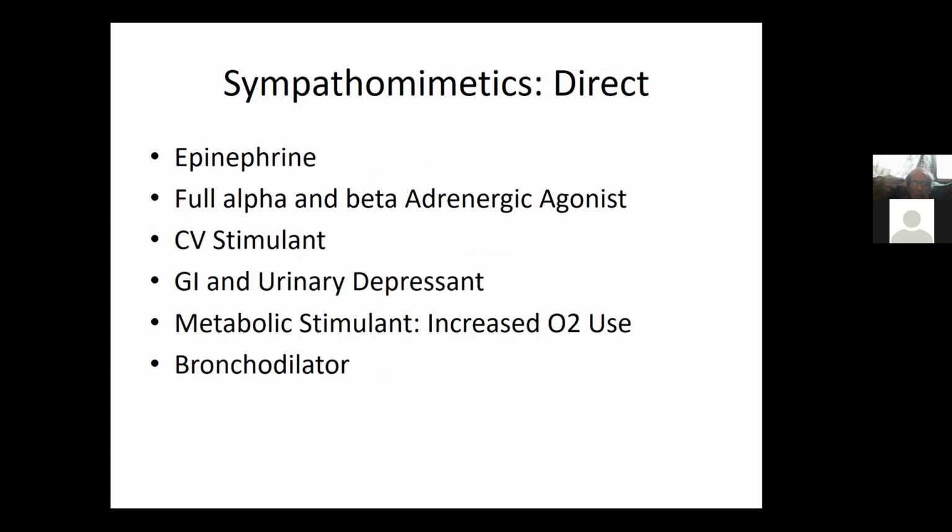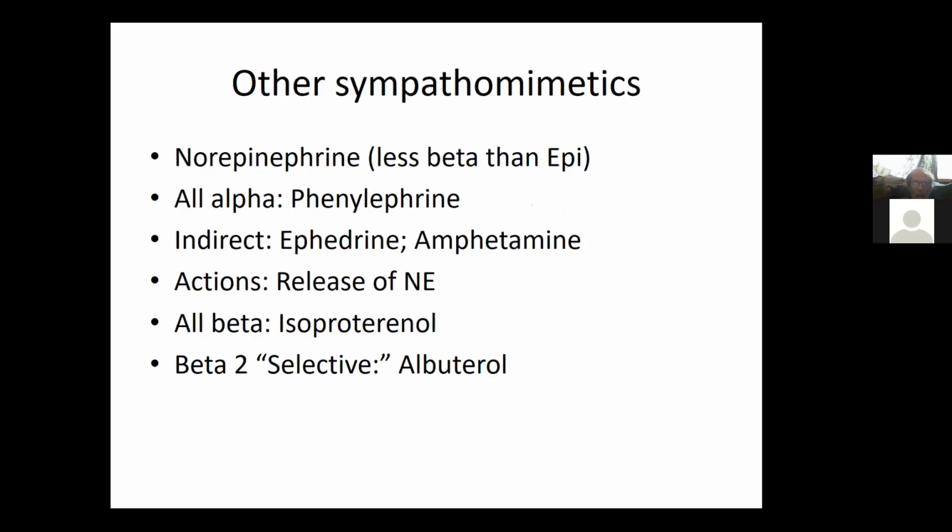It's very interesting to note that, especially in some individuals, epinephrine is not all that hypertensive because you get alpha and beta effects. But if we go to norepinephrine and phenylephrine, especially, you see a very distinct and prominent elevation of blood pressure there. So some nice comparisons that you can make between epinephrine, norepinephrine, kind of in between, and phenylephrine and its analogs on the alpha side.